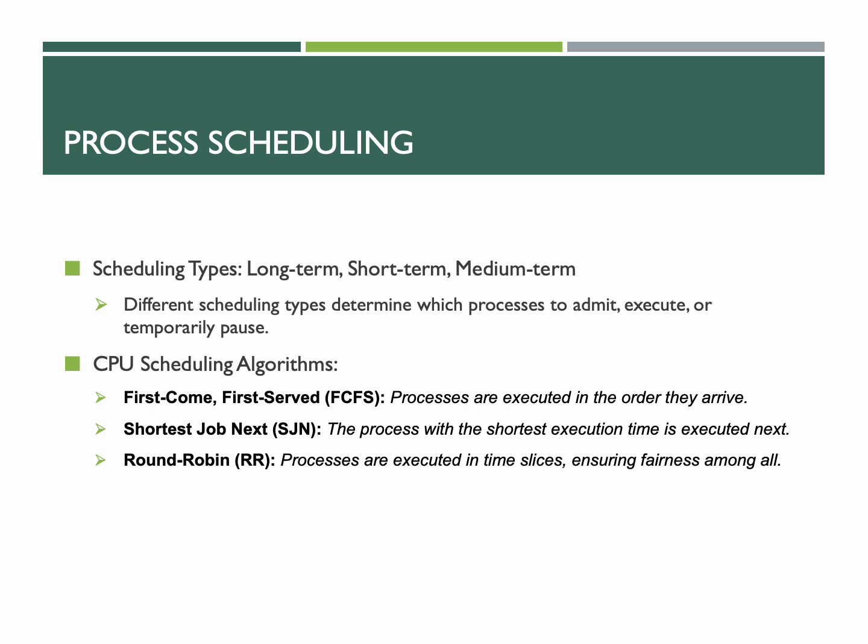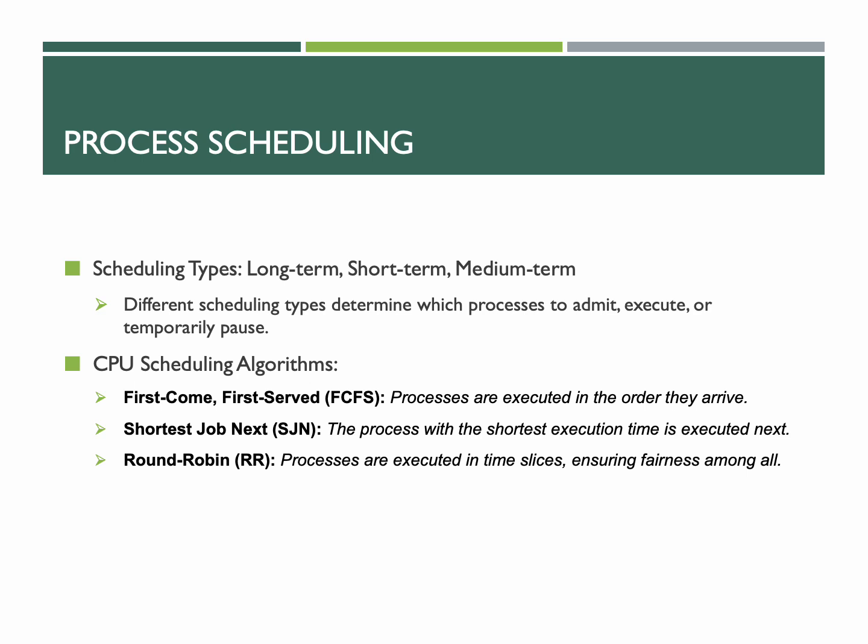Okay, now we'll see process scheduling. Now we have three main types of scheduling. First is long-term scheduling, which determines which processes are admitted into the system for processing. This ensures the system is not overloaded with too many processes.